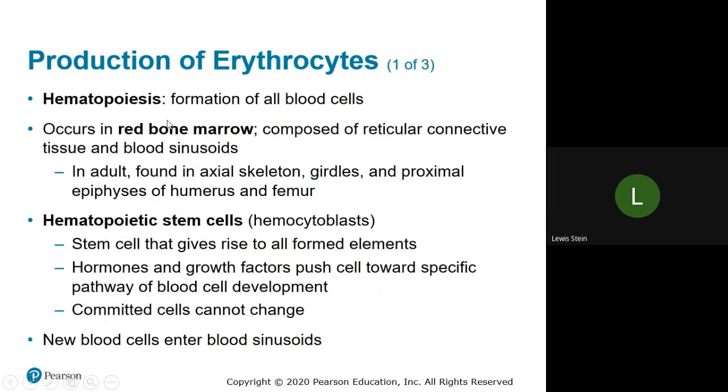So we talk about the formation of all the blood cells, generically hematopoiesis, okay? In the red bone marrow, reticular connective tissue. Remember, for those with anatomy, the reticular connective tissue is like a strainer, like a sieve. We don't see it in that many places. We see it in lymph nodes where it sifts through the lymph, and as it sifts its way through, it identifies microorganisms.